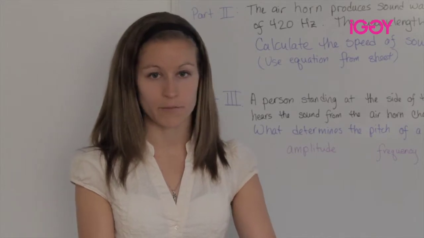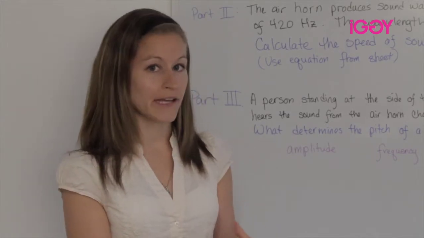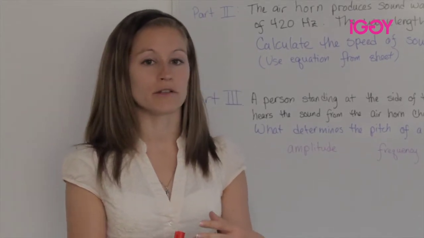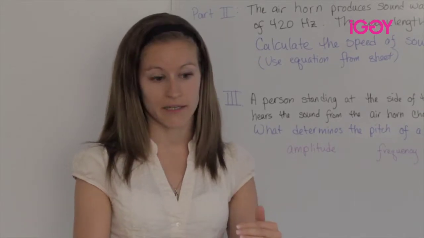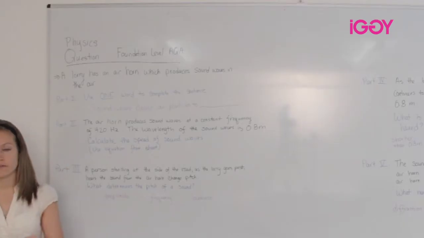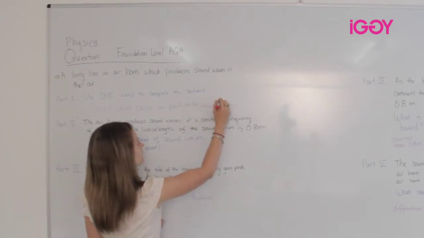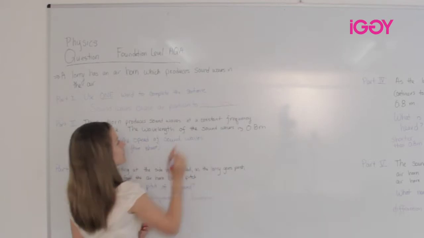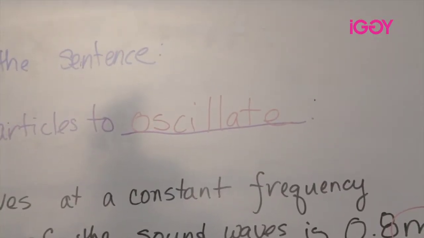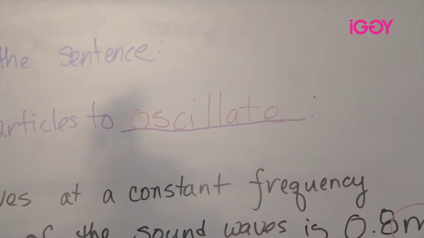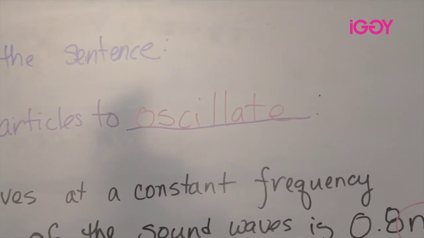What they're looking for is for you to say the air particles are oscillating or vibrating due to the sound waves moving through them. So I've just written the word oscillate to complete the sentence. That part of the problem is now done.